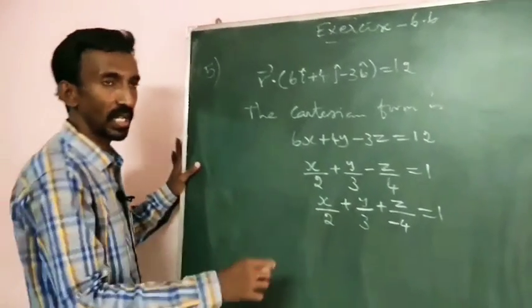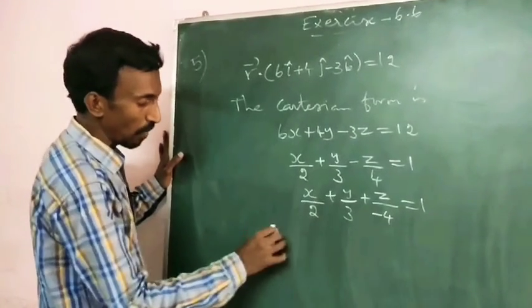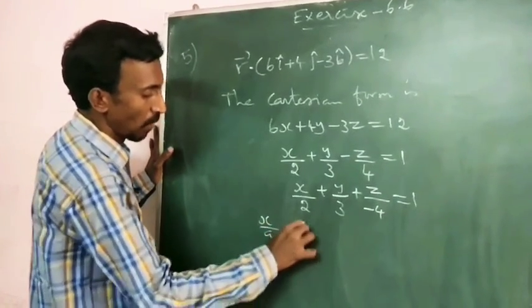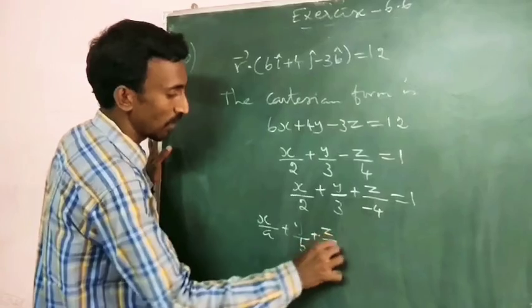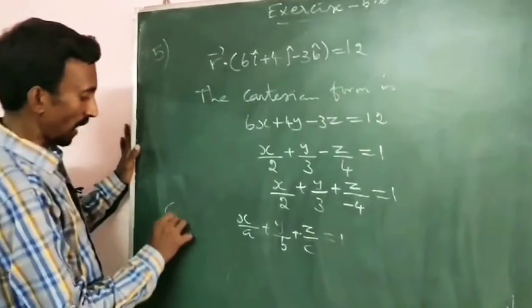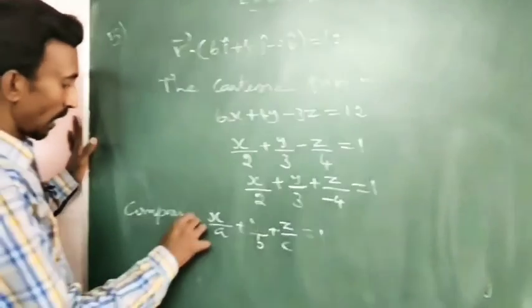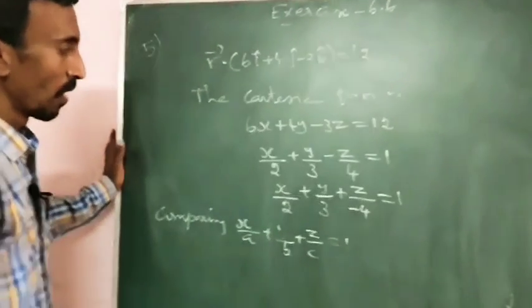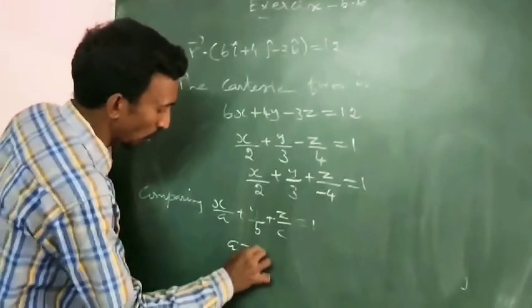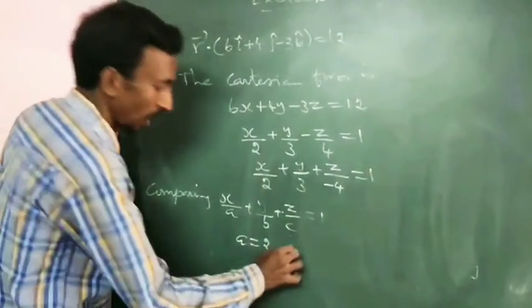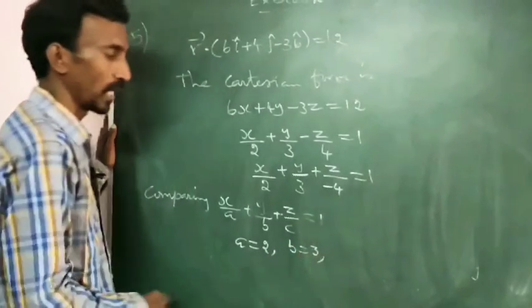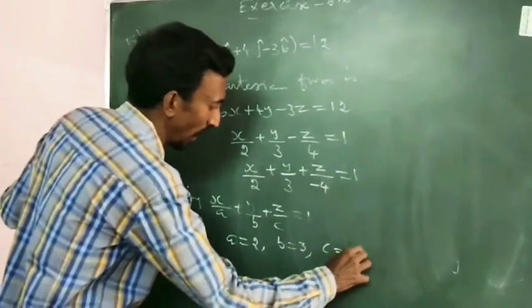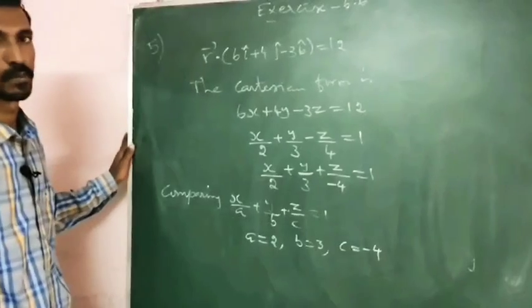So compare with the general intercept form of plane, x by a plus y by b plus z by c equal to 1. Comparing, we are getting a equal to 2, it is the x-intercept, b equal to 3, that is the y-intercept, and c equal to minus 4, that is the z-intercept.